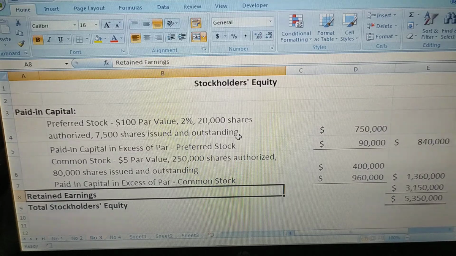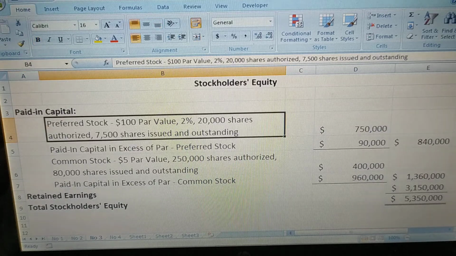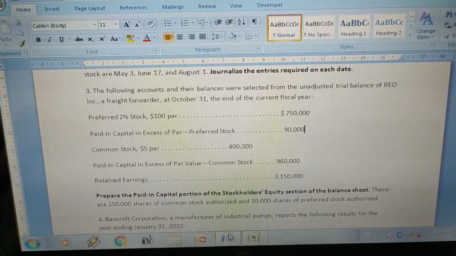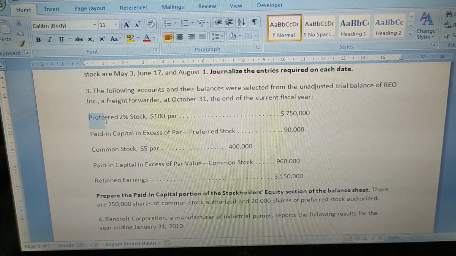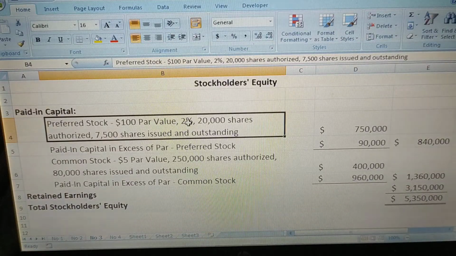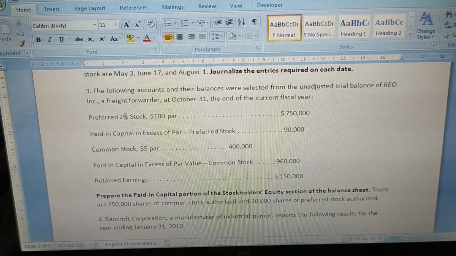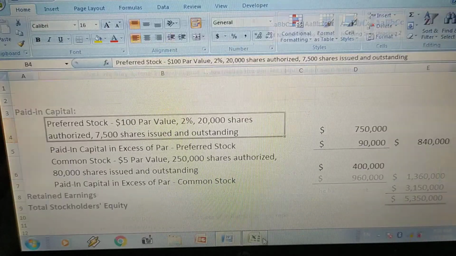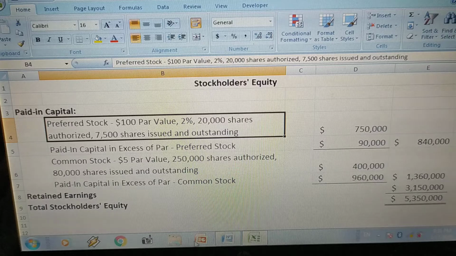You always start with preferred stock. So you take the data from the question. Preferred stock, 100 par value, and then 2%, and then 20,000 shares authorized.